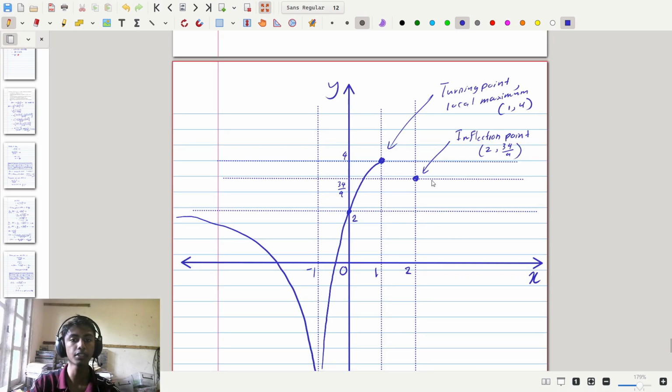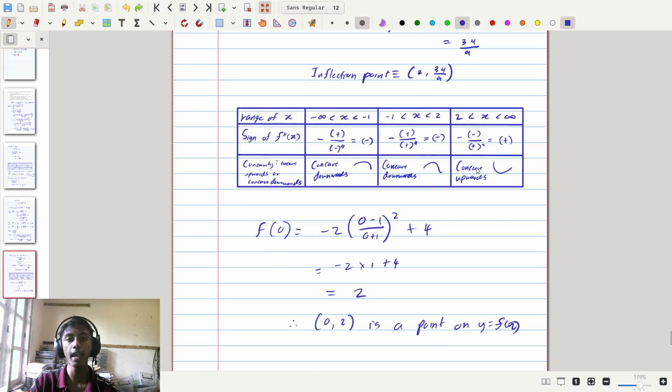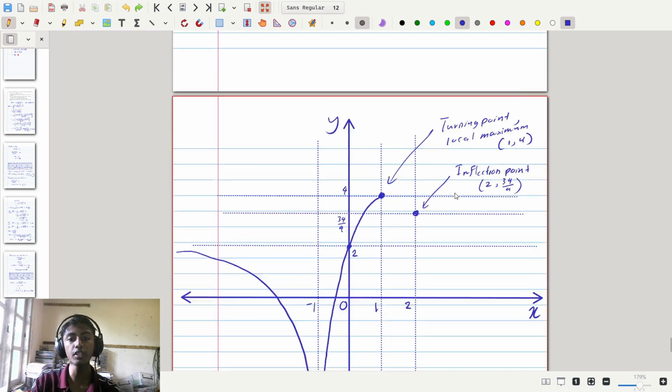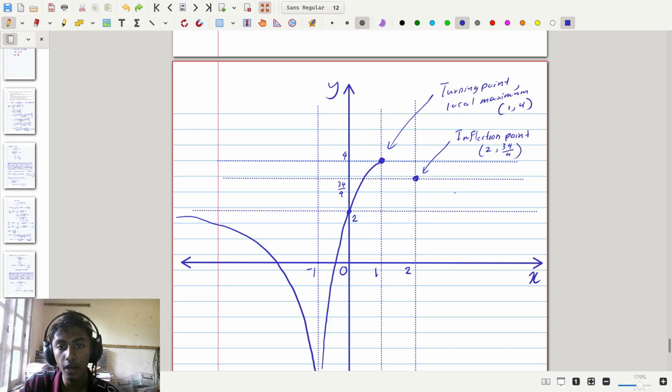And after that point, until it gets to the inflection point at x = 2, it is still concave downward. So it's still going down until it gets to this point, but then at that point it is going to suddenly change direction. Until that point it is concave downward, but at that point it's going to suddenly become concave upward.